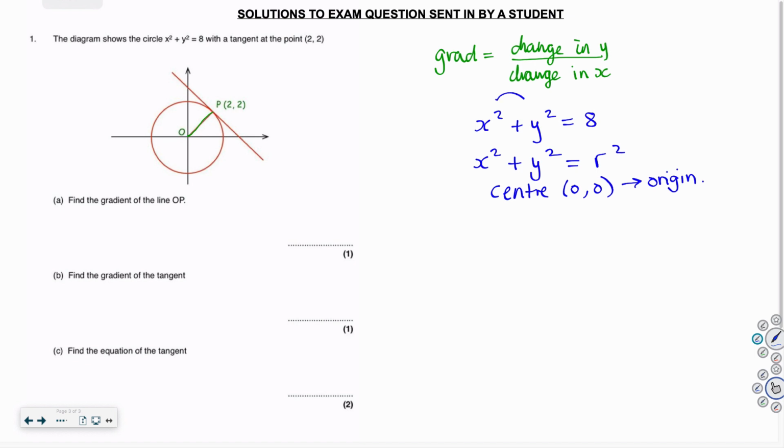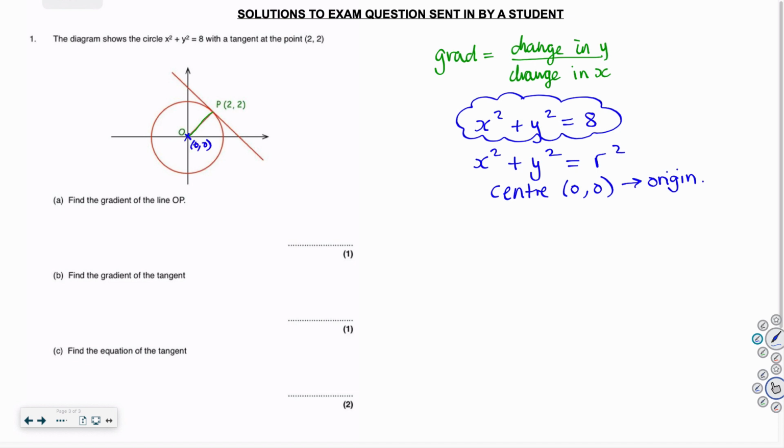In this case our r squared is 8, so we're able to say our centre of the circle is at (0, 0), or the origin. So let's go and put that in here.